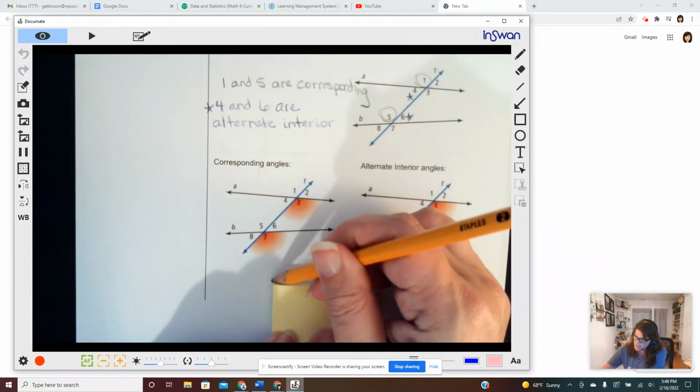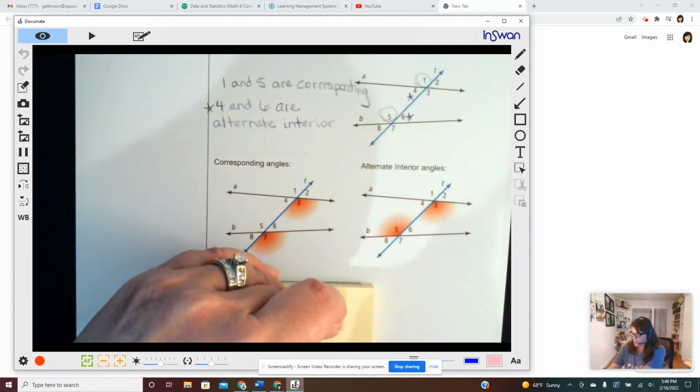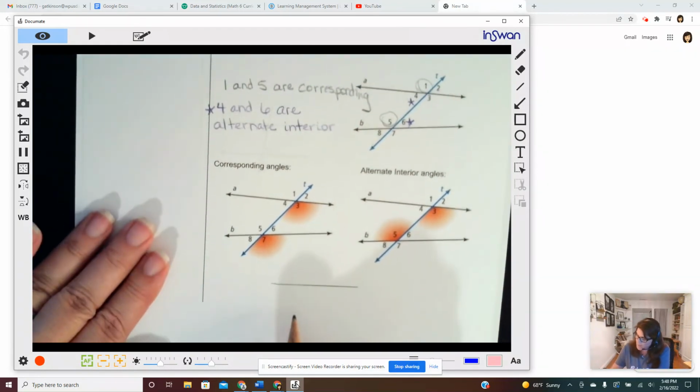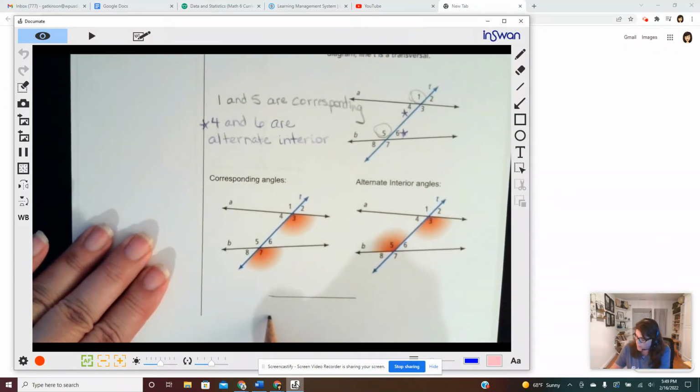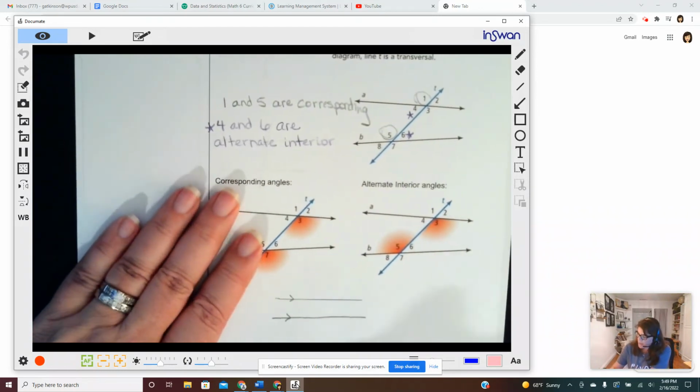I'm going to draw myself some lines. There's a line, and there's a line. I don't like that. It's too far apart for you guys to see very well. So I'm just going to do my best to draw them parallel. Now, if I draw arrows on them like that, it indicates that they're parallel. So we're just going to believe it.